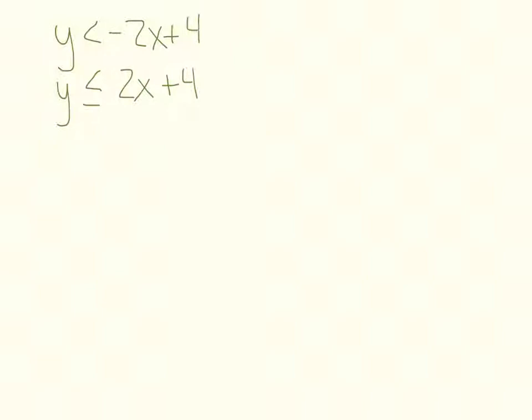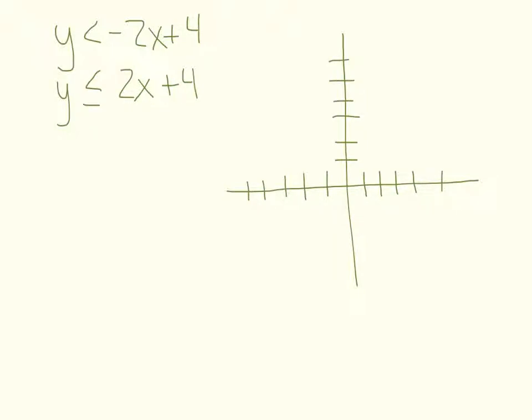Okay, so I can go ahead and graph that. So if I want to graph this, I'm going to start my line. I'm going to start the first one up at positive 4, 1, 2, 3, 4. My slope is negative 2, which is going to go down 2 over 1, or up 2, back 1. It's a dashed line.